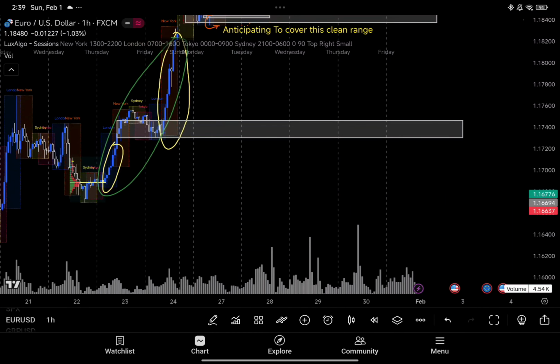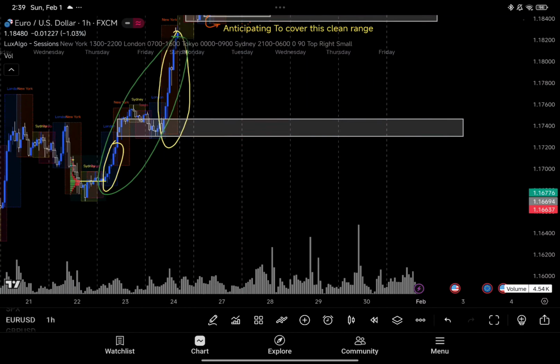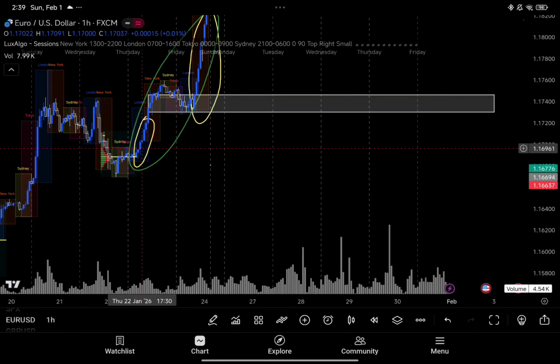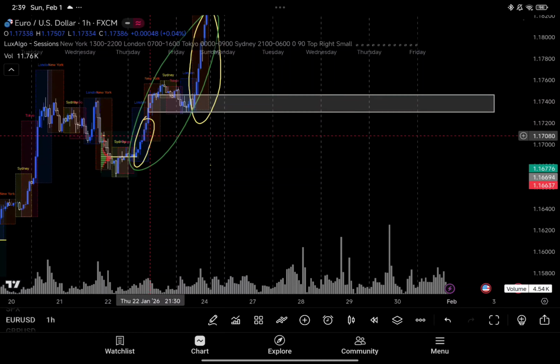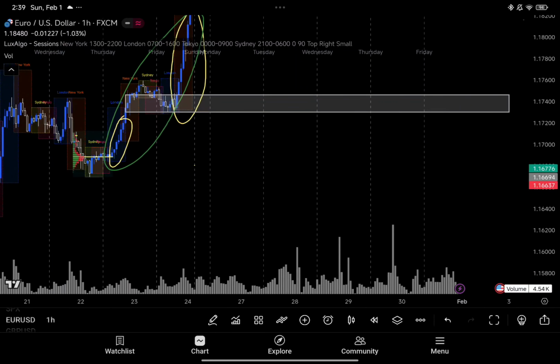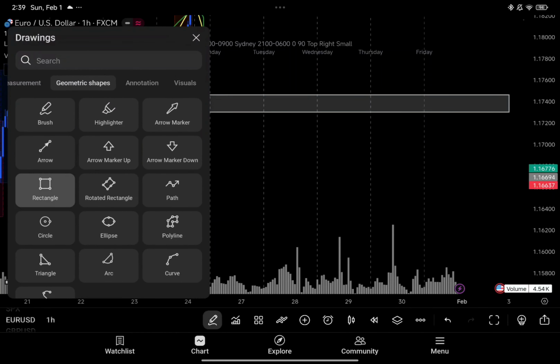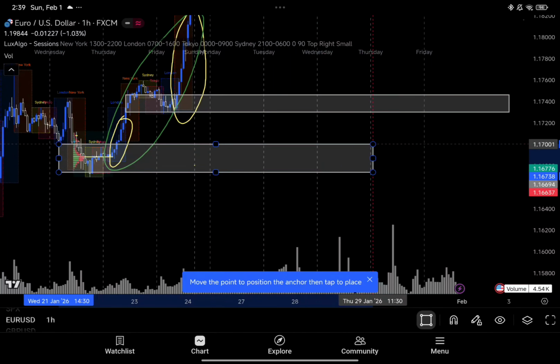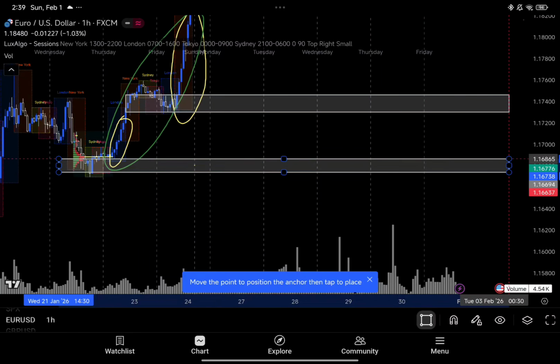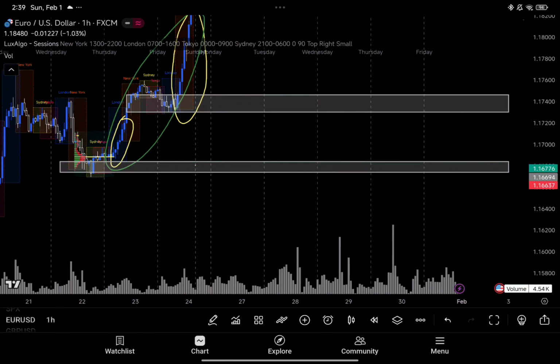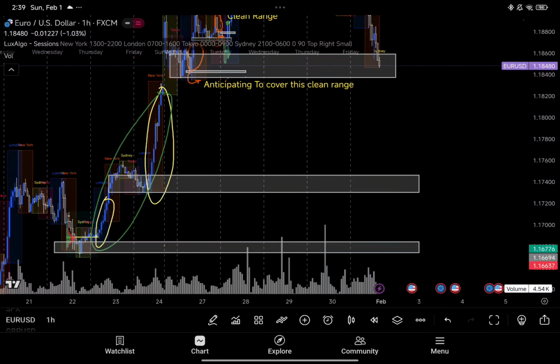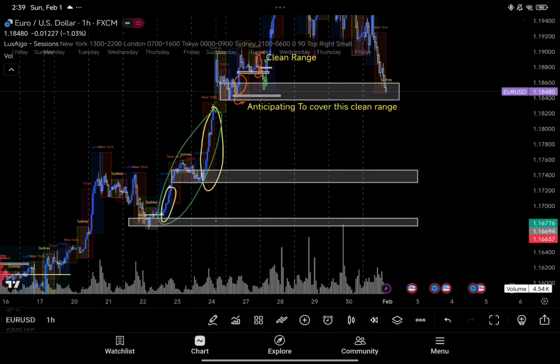There are higher probabilities for the price to bounce back from this support, or if the trend is too strong and it gives another candle closing below this support, then there are high probabilities for the price to cover this clean range also, which I marked in yellow, all the way till this support. This is another support.